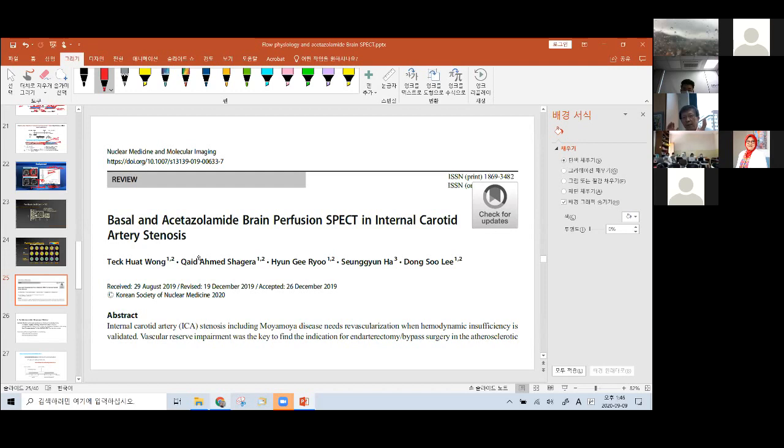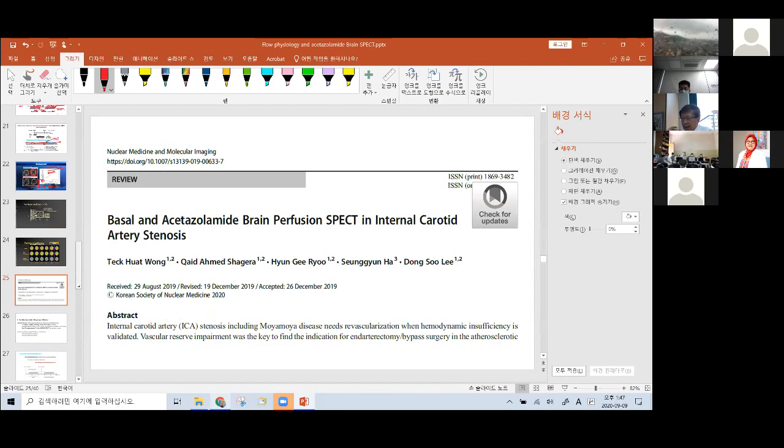One is our progress in establishing our imaging and using our images for clinical purposes: how to predict the clinical outcome, and how to assess the intervention. In our case, mainly the bypass surgery. Bypass surgery has two types. One is the synangiosis. Another is the ECIC bypass, external and internal.